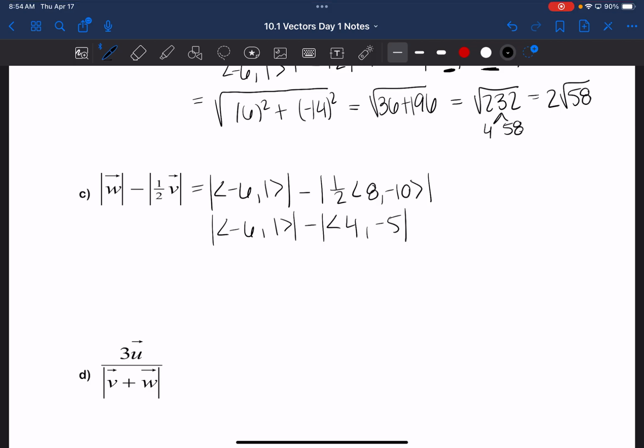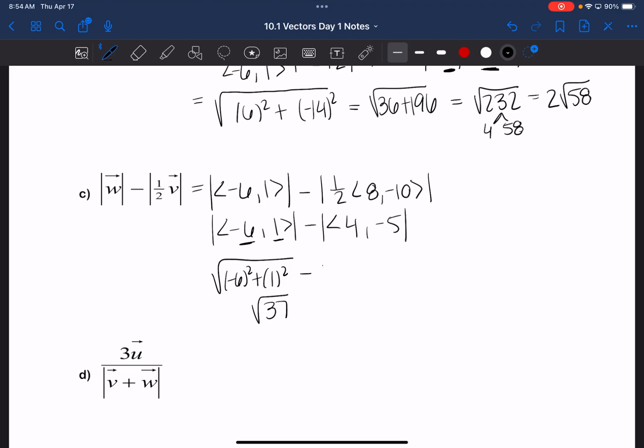So for the first one, we got, what would that be? -36. All right, so this would be positive 36 plus 1, right? If I were to put it under here, this would be -6 squared plus 1 squared. When I square the -6, it becomes positive. So this would become square root of 37, right?